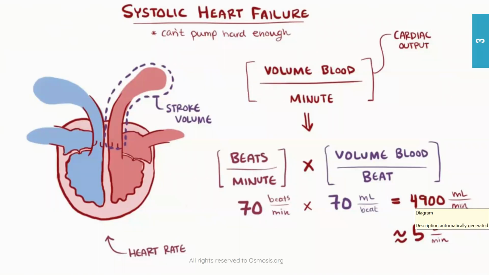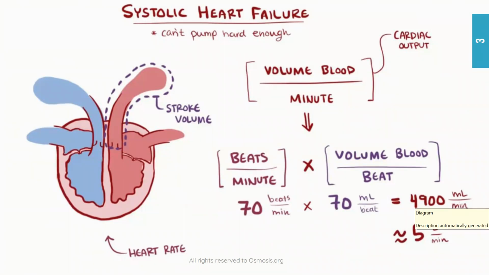Congestive due to the congestion of fluids, either in the heart or in the lung or in the body. Heart failure because the heart failed to pump enough amount of blood, and this is the systolic, or because the heart failed to be filled enough with the blood, and this is a diastolic heart failure. Okay.